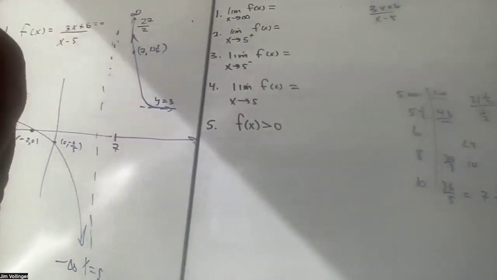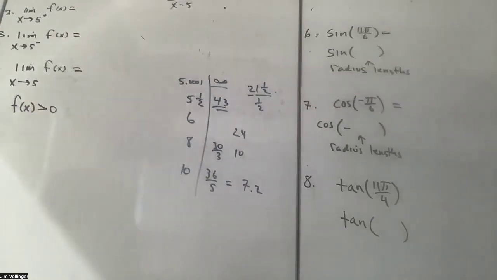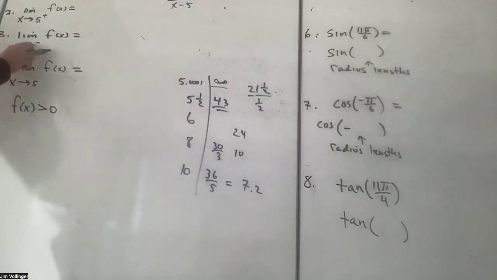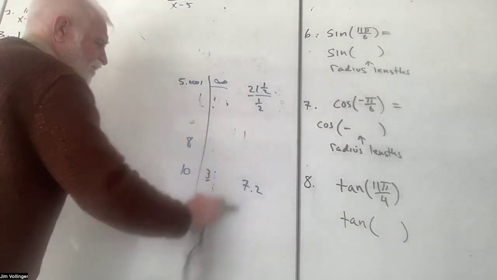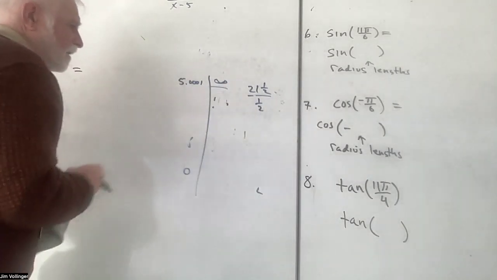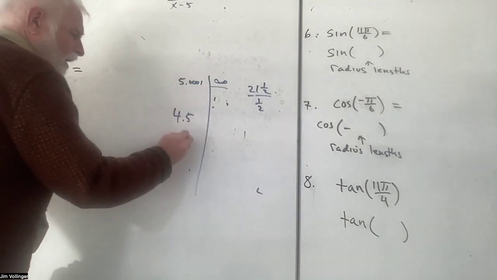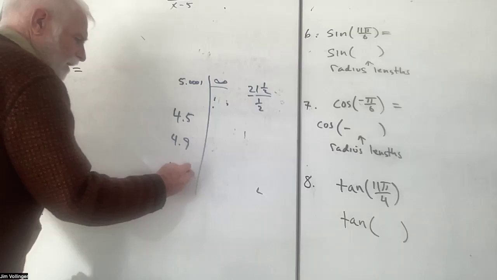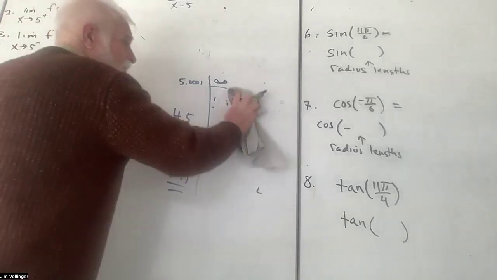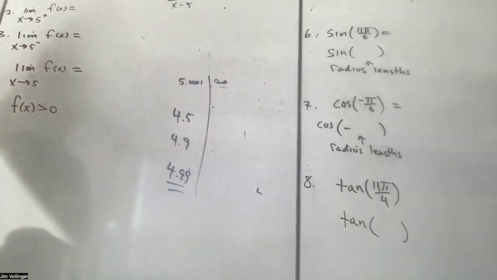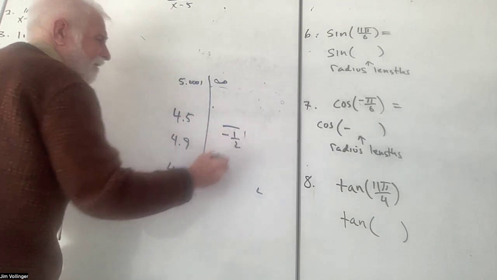All right, so what happens when I go in from the other direction? I get a sign change, right? Let's cut to the chase. Let's put 4.5 in, and then 4.9 and then 4.99. I may avoid those right now because I don't want to get caught up in too much computation. But let's look at 4.5. 4.5 minus 5 is minus a half.